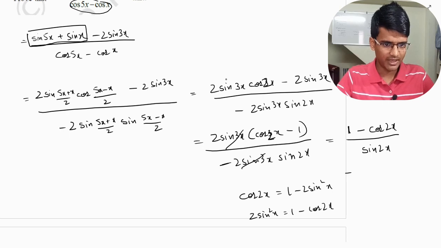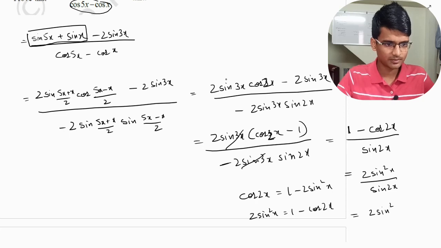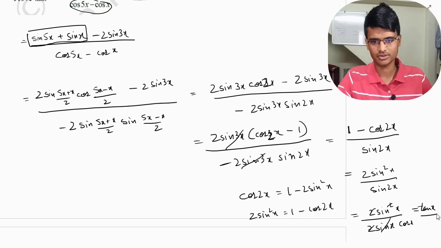So I can replace my numerator with 2 sin square x divided by sin 2x. Sin 2x, we know, is nothing but 2 sin x cos x. Now on cancelling, I'm left with sin x by cos x, which is nothing but tan x. That is our answer. So this is how you prove it.